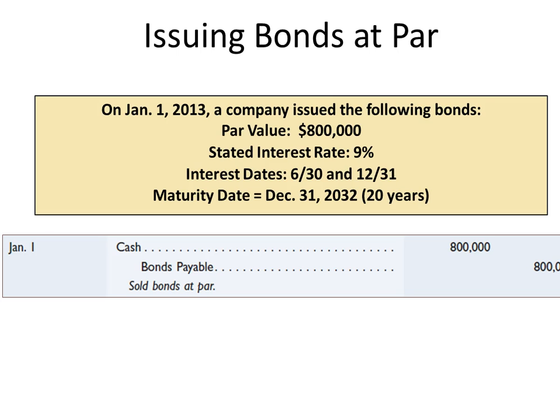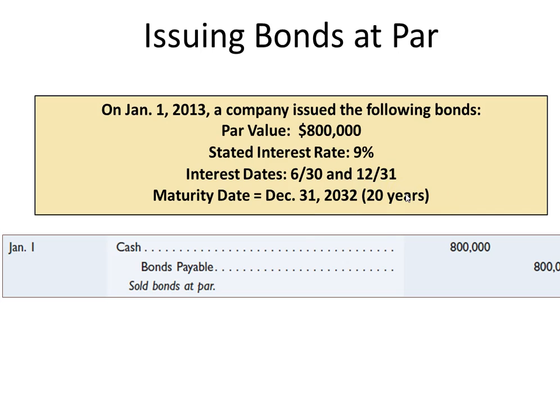So here's an example of an accounting. Typically in accounting, you're worried about the valuation and the recording of a transaction. And here this company is issuing bonds, and it has a par value of $800,000. The stated interest rate is also known as the coupon rate, and this is what is paid at the end of June, at the end of December, and the maturity is going to be 20 years out.